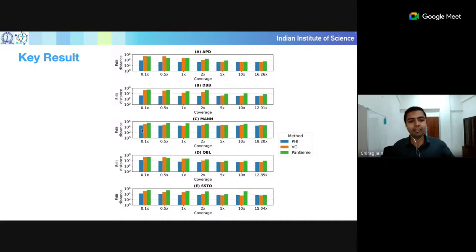So phi results in better reconstruction of the haplotype at 0.1x coverage, 0.5x coverage, and even at 1x coverage across all 5 haplotypes. This may be because we are directly using the Kmer absence and presence in our formulation. We are not using any heuristics, and we are not using Kmer counts in our formulation.